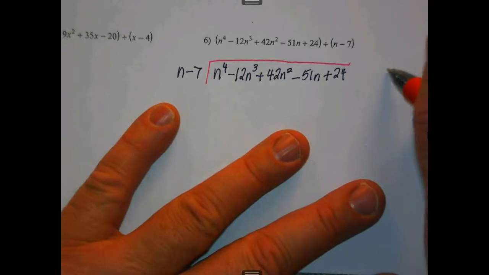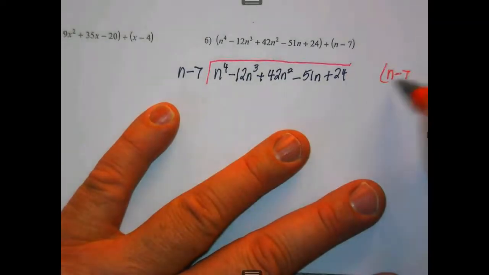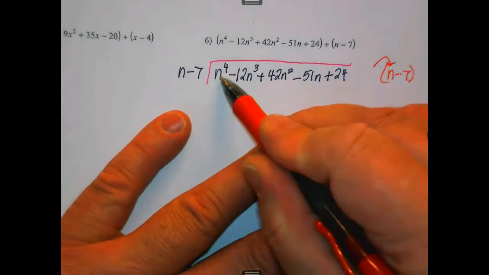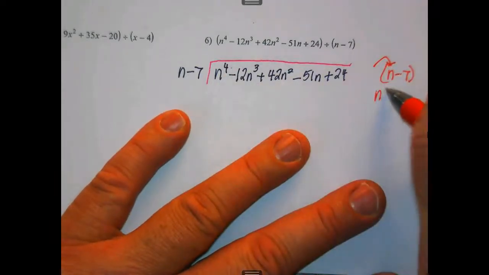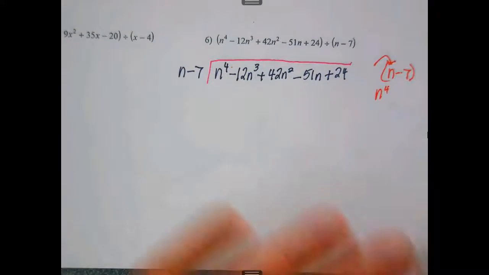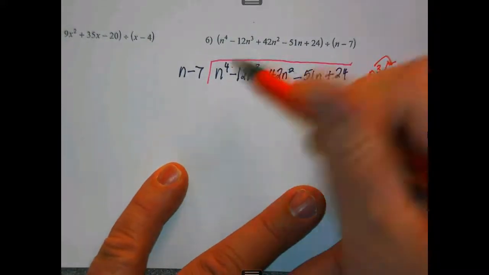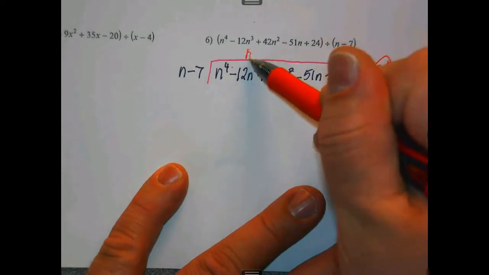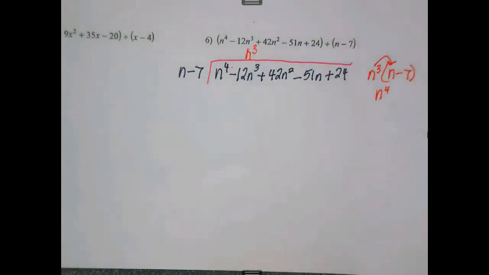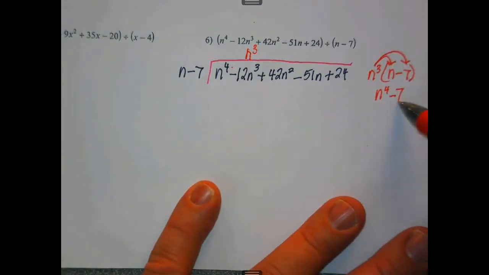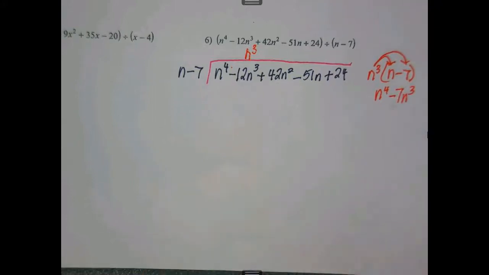How do I make n minus 7, multiplying it by a number, get n to the 4th? That's right. Multiply it by n cubed. So I'm going to multiply it by a positive n cubed. Do the first one, do the second one, negative 7n cubed.